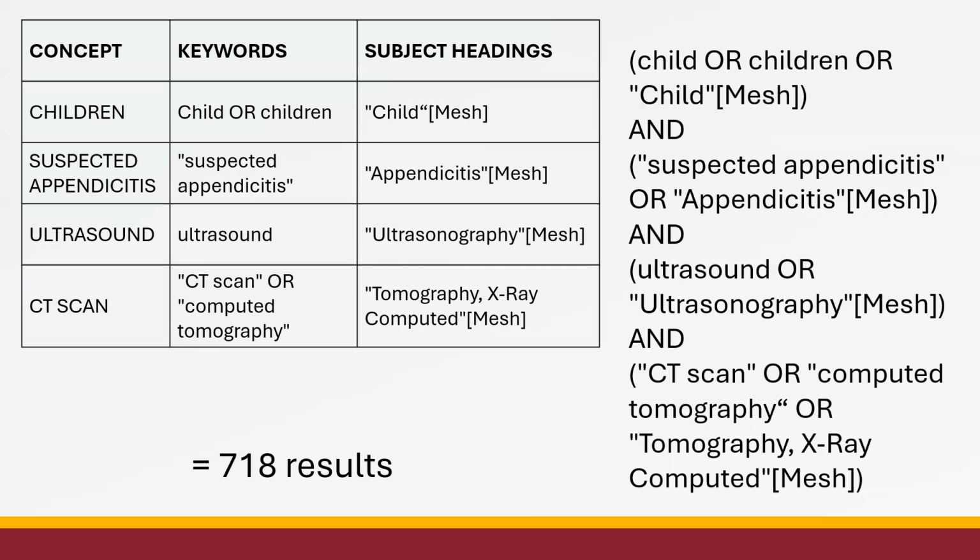But essentially, that's really going to vary how intense you go with your searches. Hopefully this has helped you see the process as it builds out, from question to concepts, keywords to subject headings.